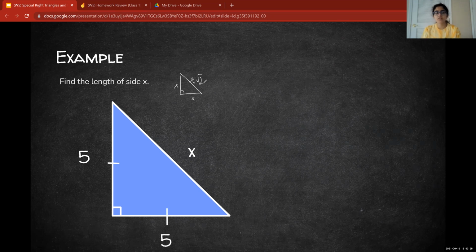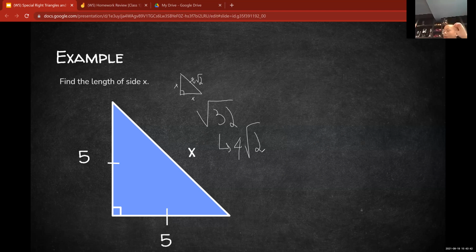And make sure to simplify it. If you have a radical like the square root of 32, you would simplify it to 4 square root 2. Similarly, simplify your answer for square roots. Wait, so does this mean for this case it'd just be 5 times radical 2?